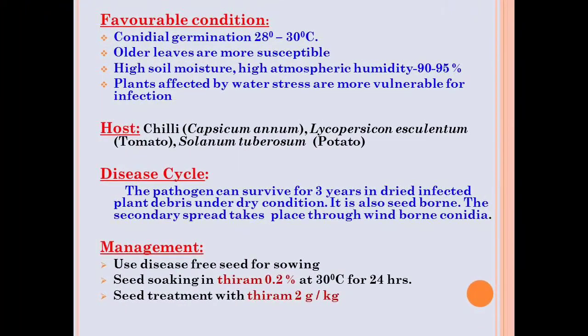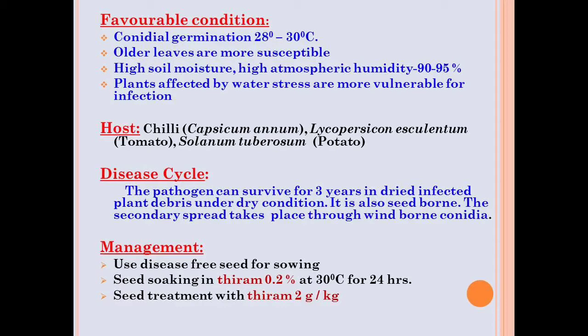You can see the infection of this pathogen on all solanaceous crops like chili and potato. These are some solanaceous crops on which this pathogen can survive in absence of the main host.